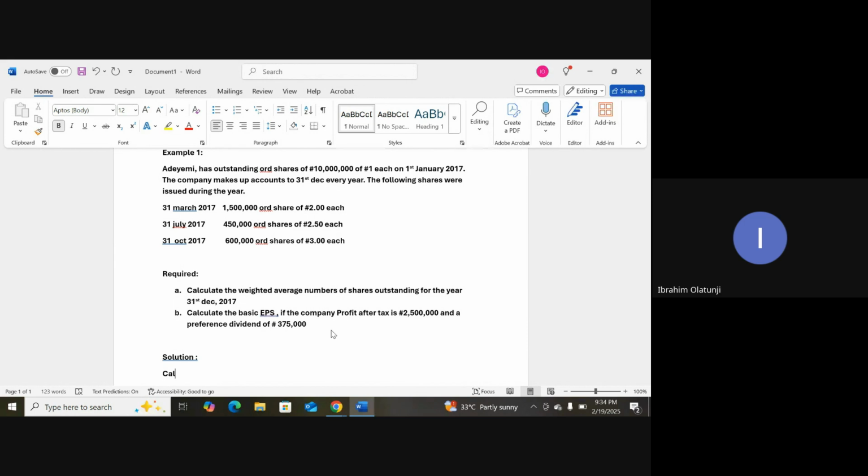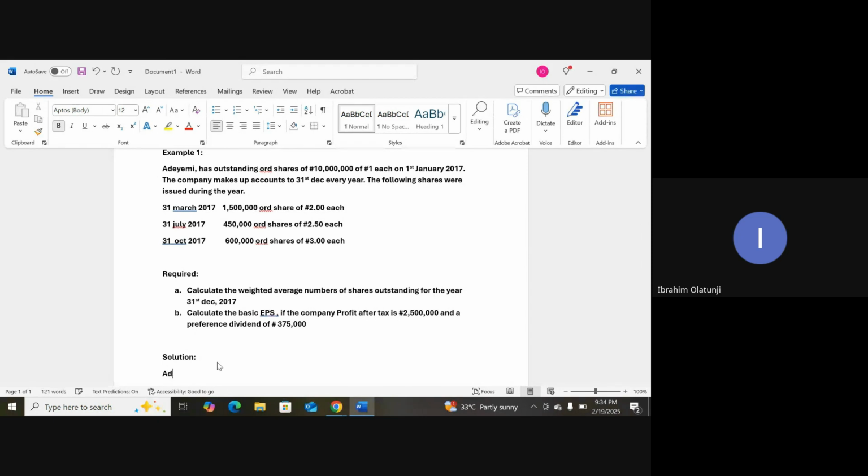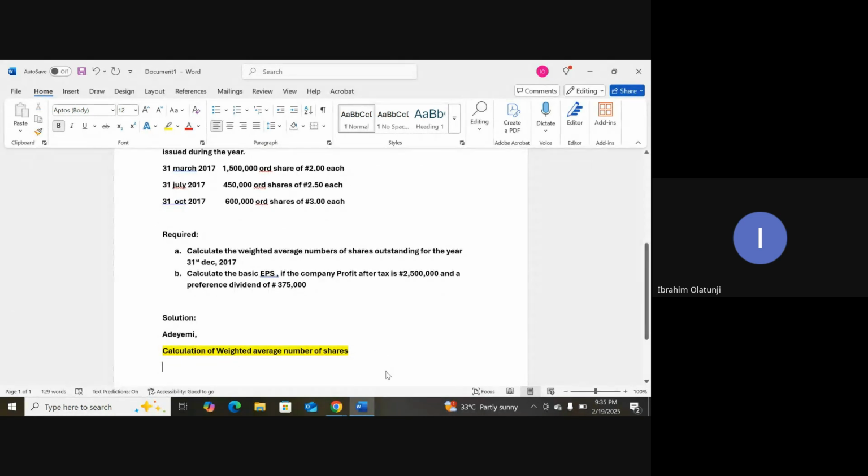Let's do our usual way of solving questions by putting the name of the company, Adeyemi, then calculation of weighted average numbers of shares. Then the existing shares.